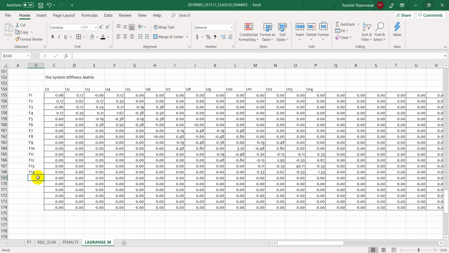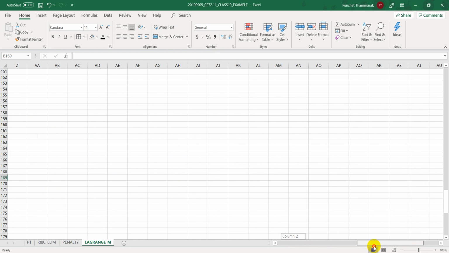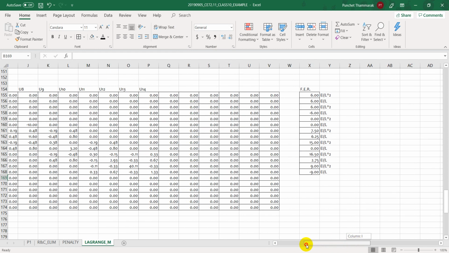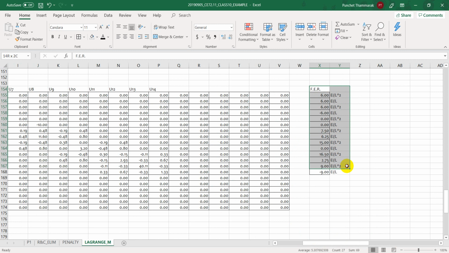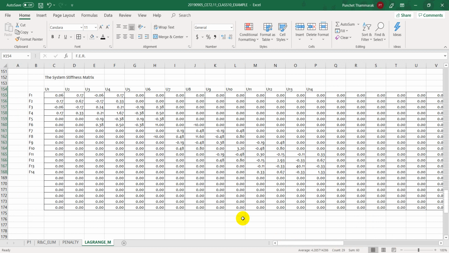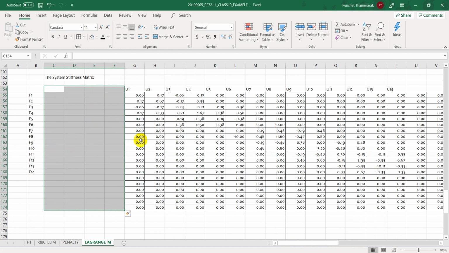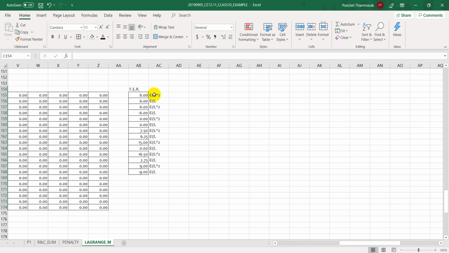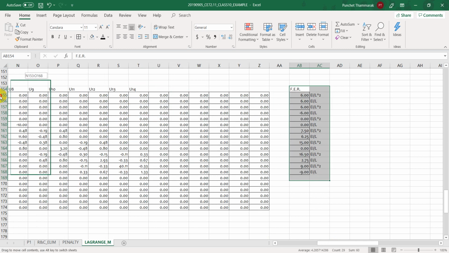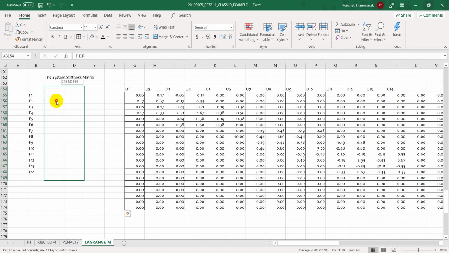Let me move things into the right place. I'll take the fixed end reaction from here, move to there.